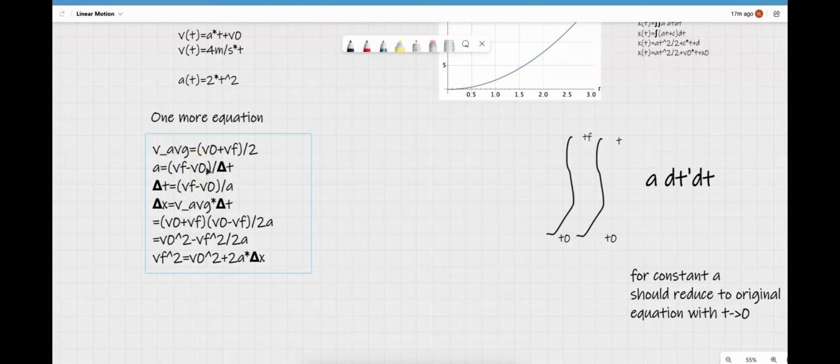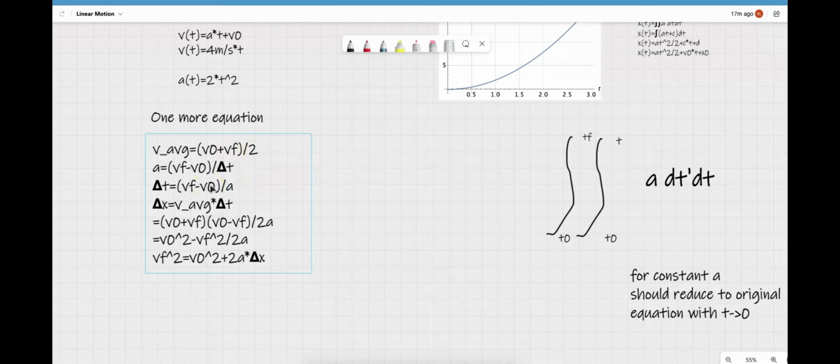Then acceleration, once again, is going to be a constant. We just look at that linear relationship, that slope relationship: final velocity minus initial velocity divided by delta t, our change in time. Flip that equation around and we have an equation for delta t.